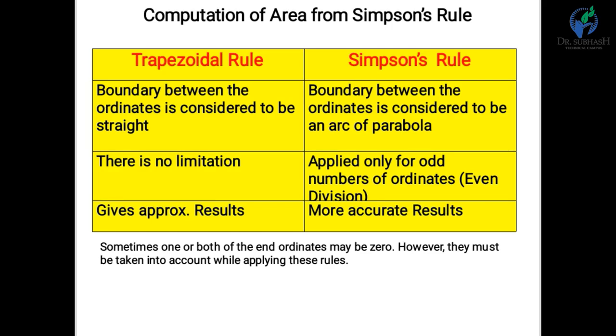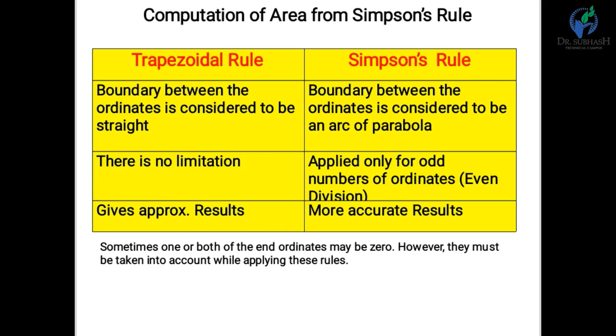There is no limitation on how many ordinates or divisions are required, but in the case of the Simpson rule there is a limitation that it should be applied only for an odd number of ordinates. The trapezoidal rule gives an approximate result, but the Simpson rule gives an accurate result.